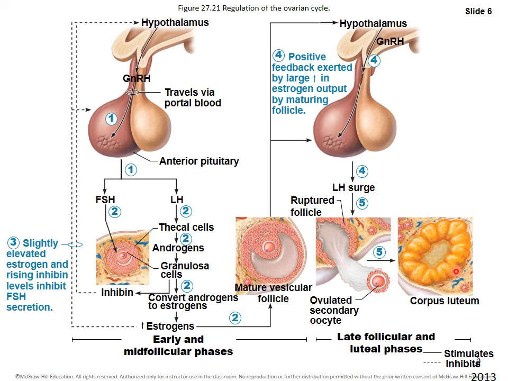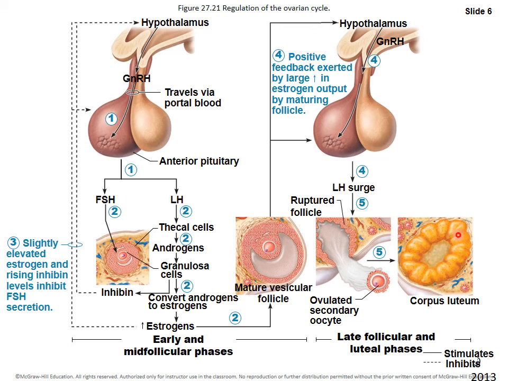So as long as the body knows that it's pregnant, and HCG, human chorionic gonadotropin, is one of the hormones we look for in pregnancy tests, for instance. The body knows it's pregnant from those signals, and the corpus luteum will be maintained for the full duration of pregnancy. So it will persist for 9 months in the case of pregnancy.